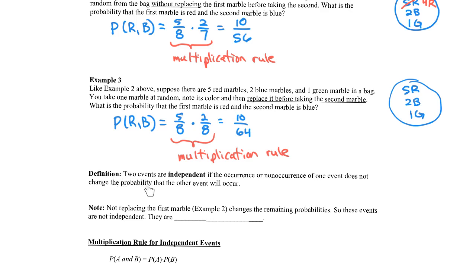So we've got a definition here. 2 events are independent if the occurrence or non-occurrence of one event does not change the probability that the other event will occur. So, got a note here, not replacing the first marble in example 2 changes the remaining probabilities, so these events are not independent. They are said to be dependent.